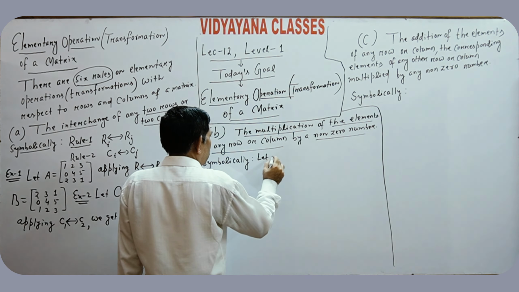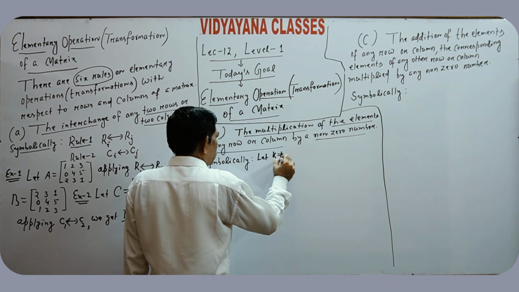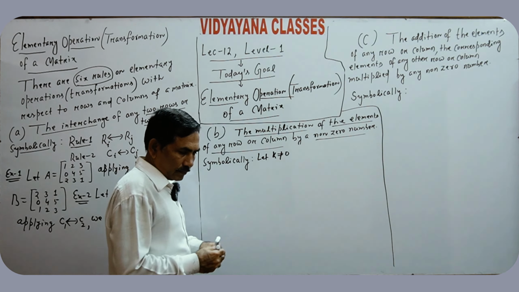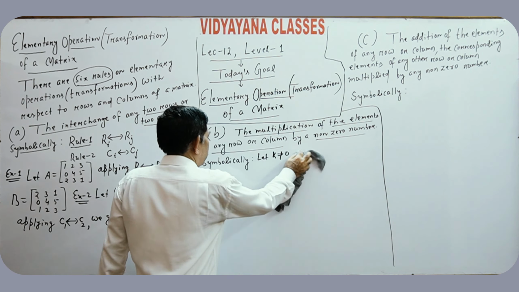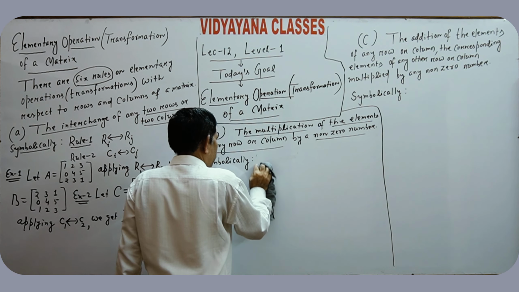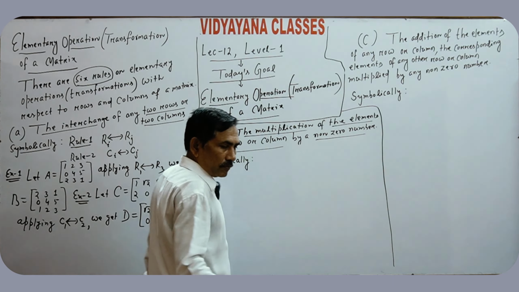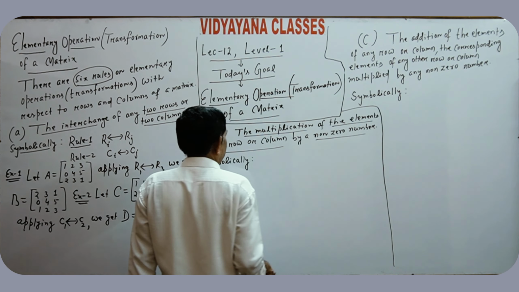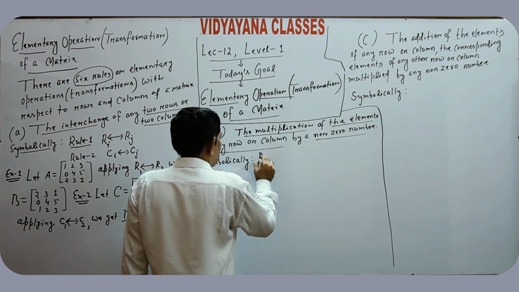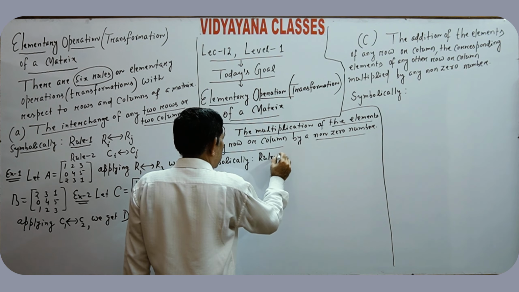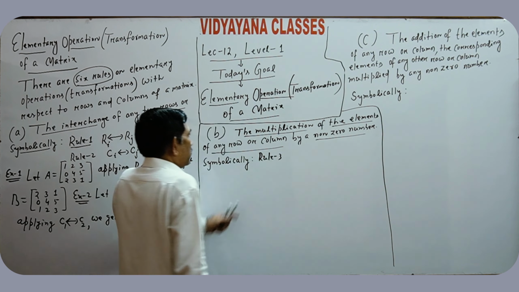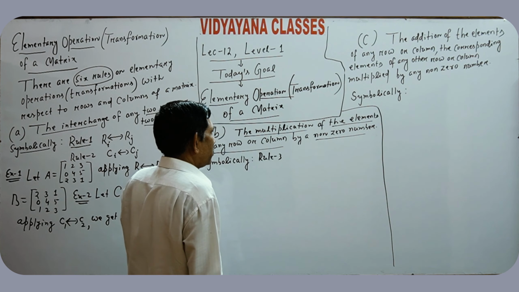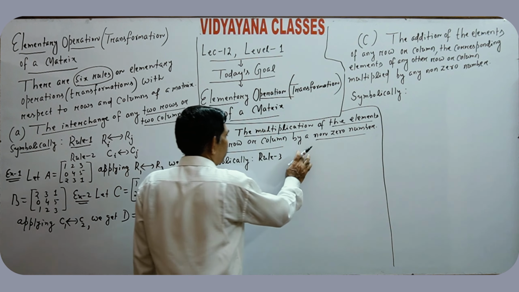Let k not equal to 0. Rule 3: the multiplication of the elements of any row or column by a non-zero real number.